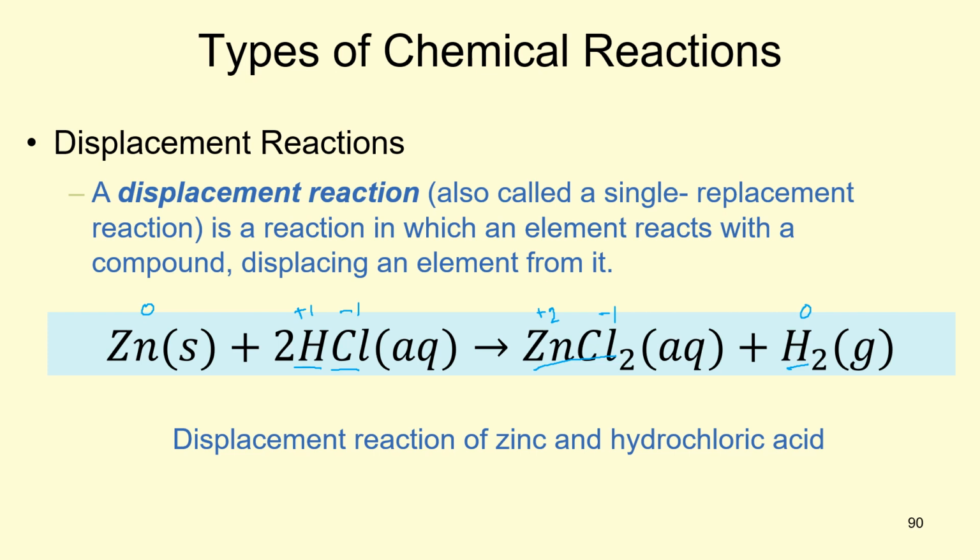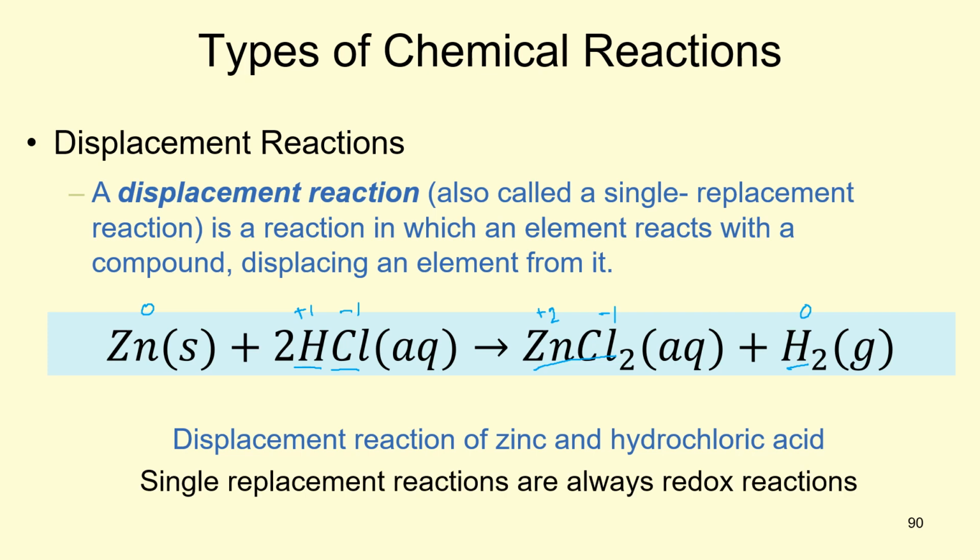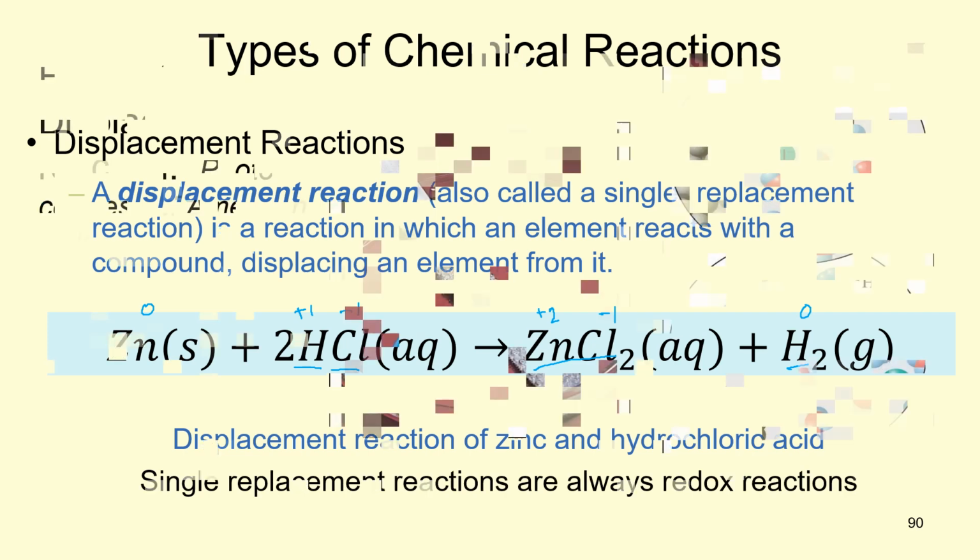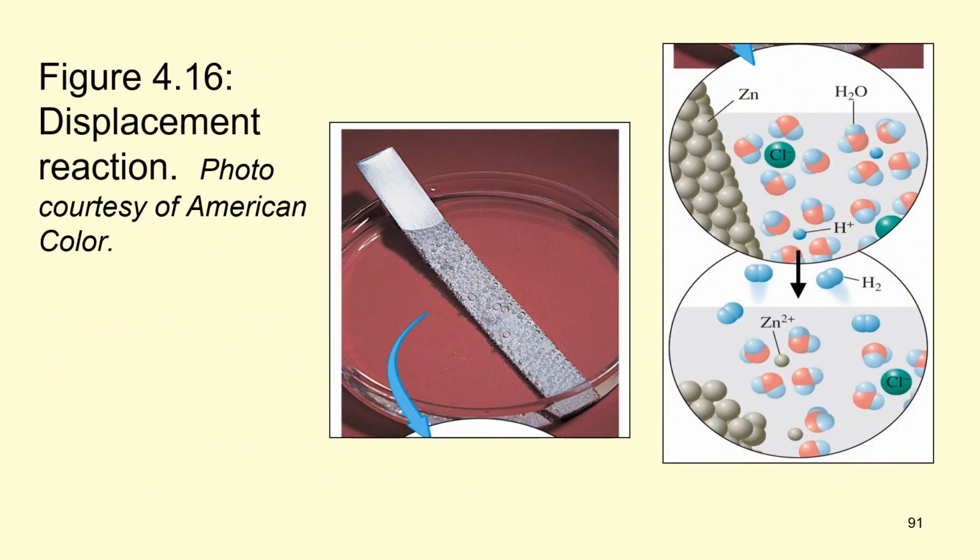This is a reaction we do in lab. So they're always redox. That's zinc reacting with hydrochloric acid. The zinc metal becomes zinc ion, and the chlorine ion is just the spectator, and then the H on the water will become hydrogen gas.